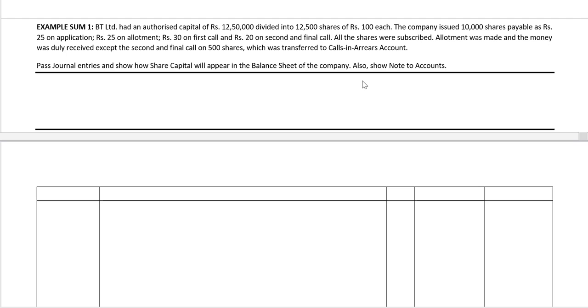Also show note to accounts. So we'll first pass the journal entries and then we will depict share capital in the balance sheet of the company. Before we go ahead, we'll make a few notes.